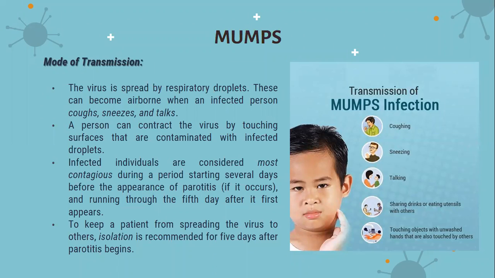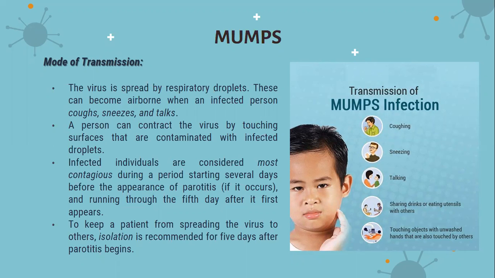Then, infected individuals are considered most contagious during a period starting several days before the appearance of parotitis, if it occurs, and running through the fifth day after it first appears. To keep the patient from spreading the virus to others, isolation is recommended for 5 days after parotitis begins.